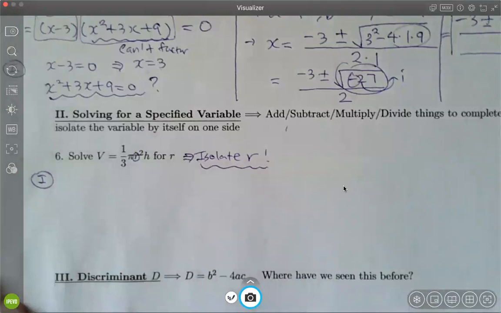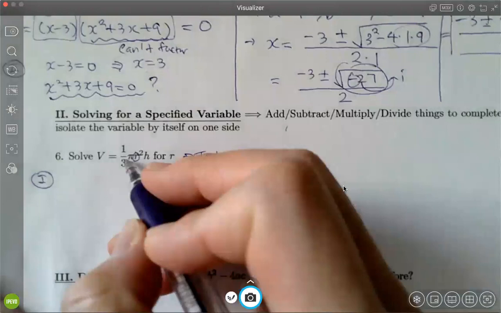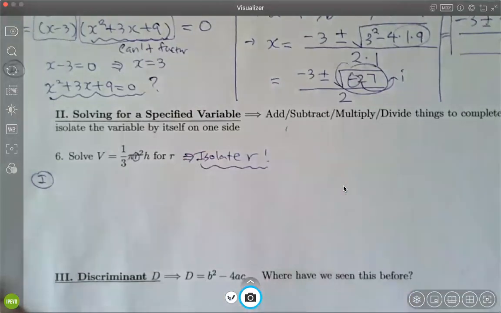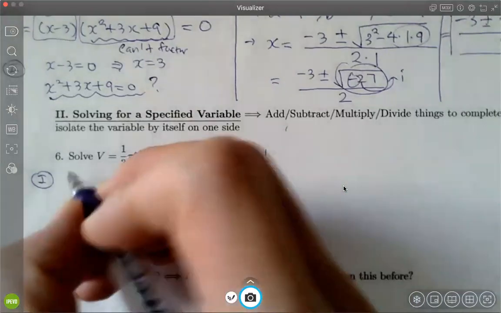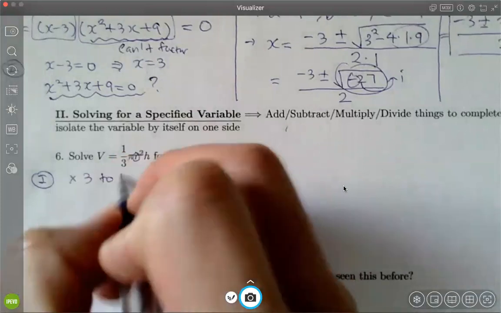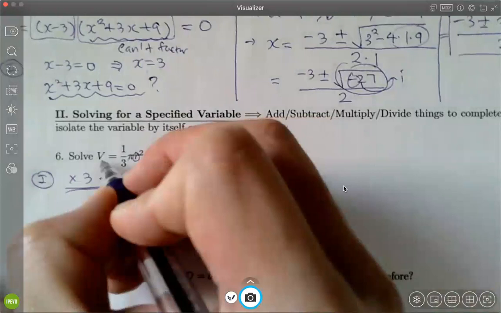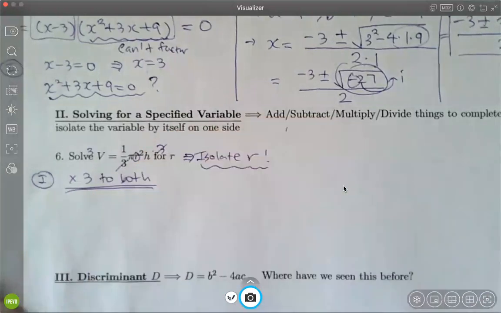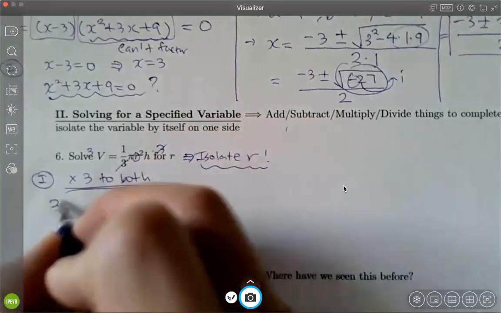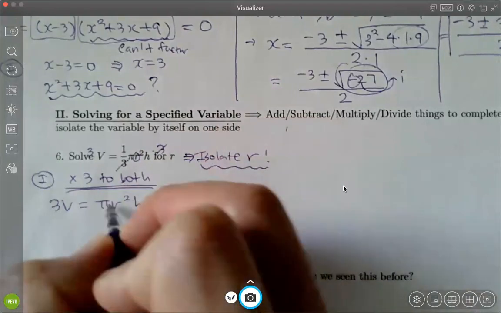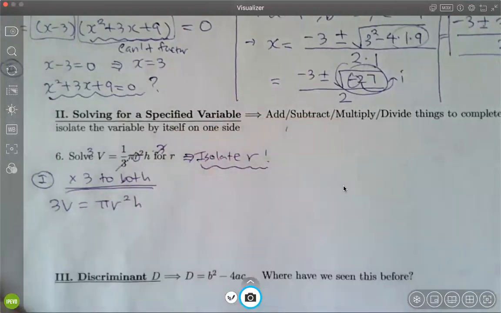Any suggestion? We can multiply both sides by 3 to clear out the fraction. Right, first remove the fraction, and the only way to do it is multiply by the LCD, which is 3. So times 3 to both sides. The 3's cancel here, and we have 3v is equal to pi r squared h. And again, here is the target variable.